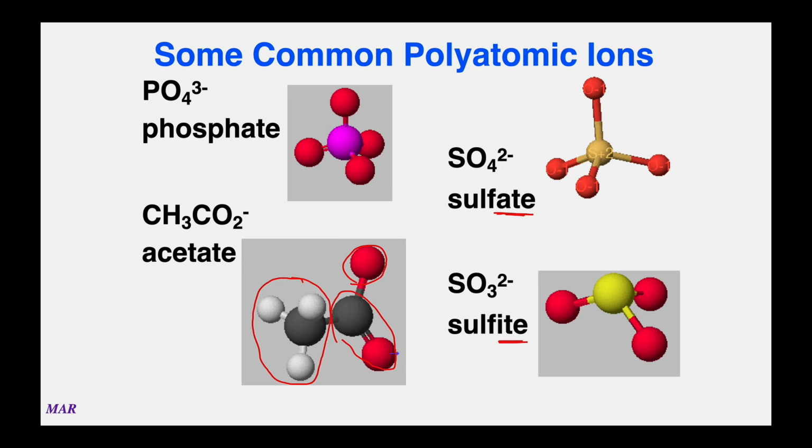So you can see there going from sulfate to sulfite, it's basically 1 less oxygen. You still have the sulfur central atom, you still have a -2 charge, but sulfite has 1 less oxygen than sulfate. And this is a common kind of a pattern you're going to see. Sulfate, sulfite, 1 less oxygen.